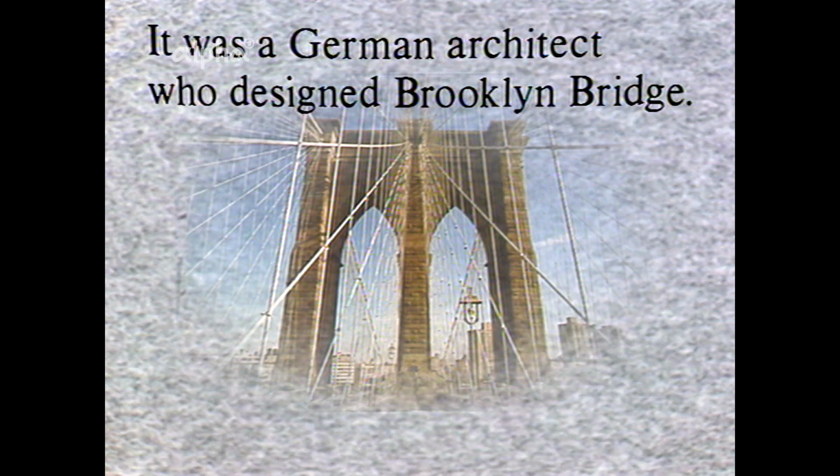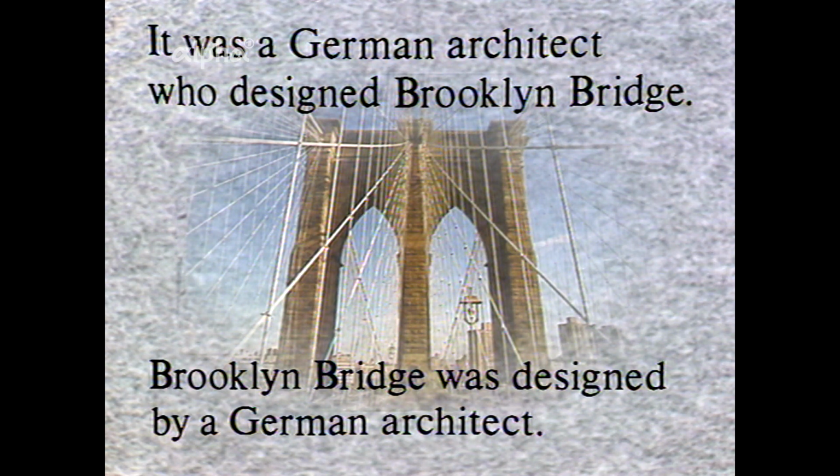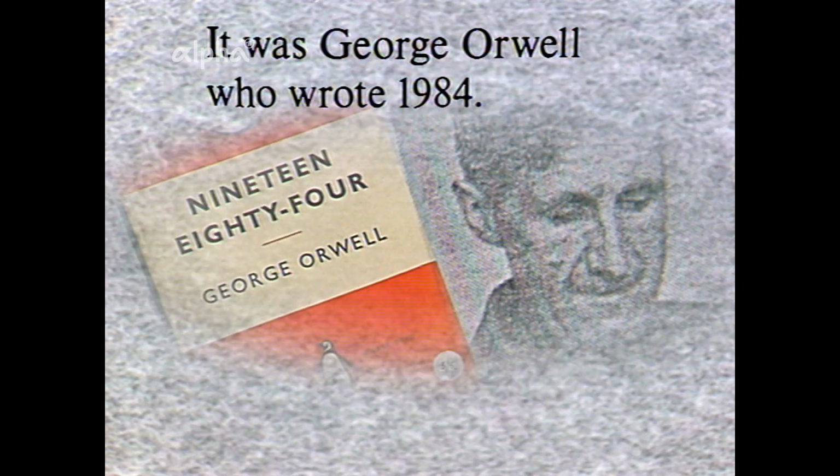Now say this sentence in the passive. It was a German architect who designed Brooklyn Bridge. And your sentence in the passive? Brooklyn Bridge was designed by a German architect. It was George Orwell who wrote 1984.